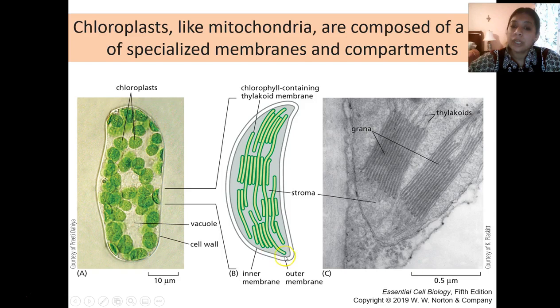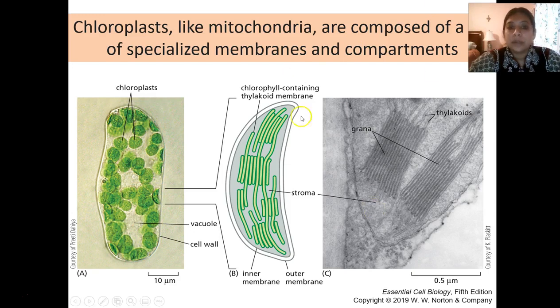In addition, you again have the inner membrane that is going to be a lot more restrictive, just like the inner membrane of the mitochondria, which is a lot more restrictive in what it allows in or out. And so those two are very similar to how you would see it in a mitochondria as well.